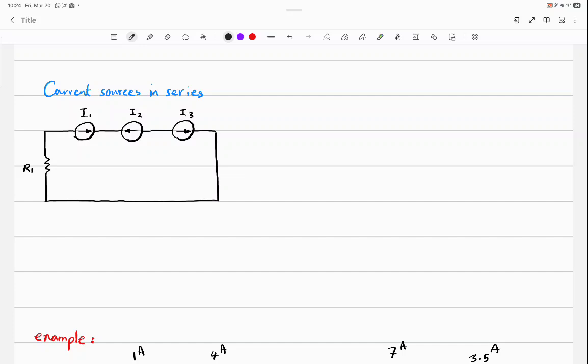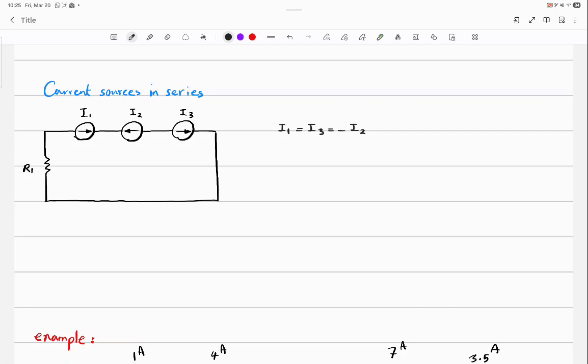So for this case, what can we write? We can write that I1 is equal to I3 and is equal to negative I2. Okay? That's it. No other cases can be handled right now.